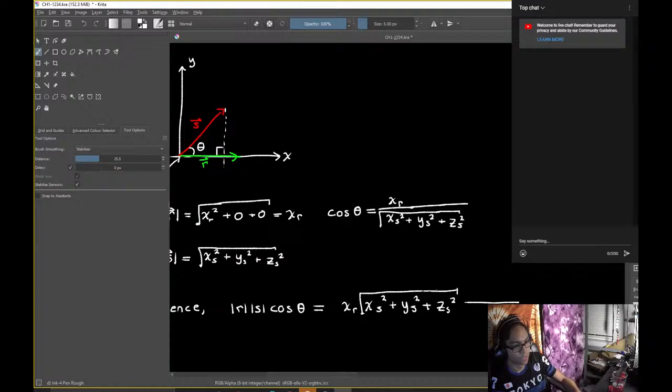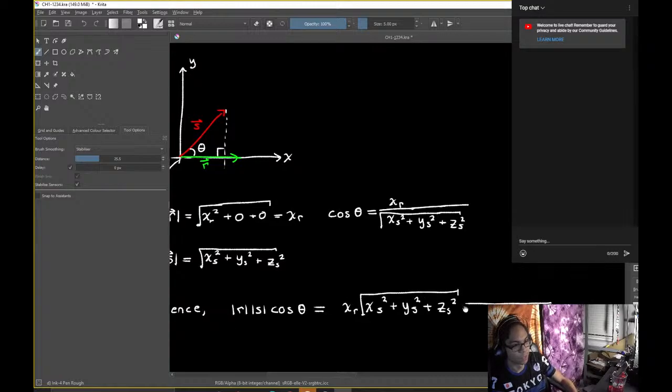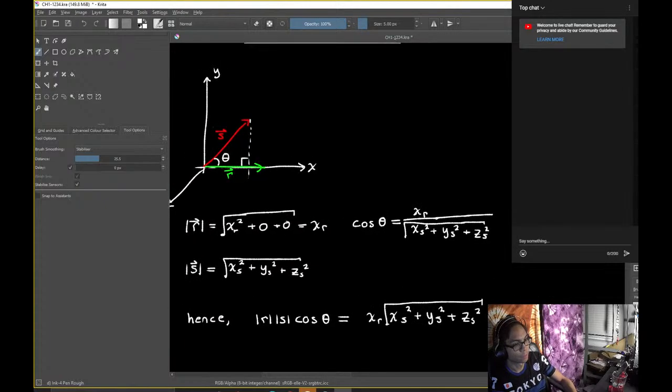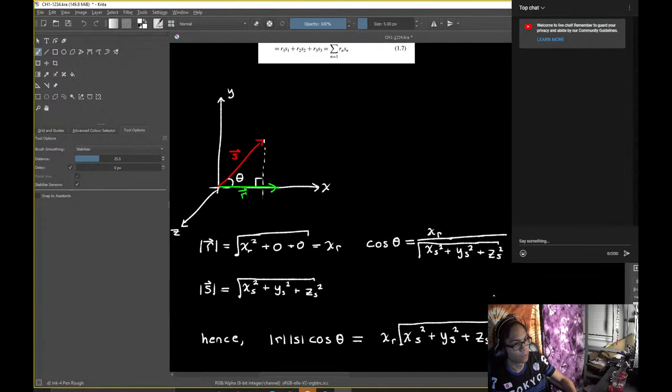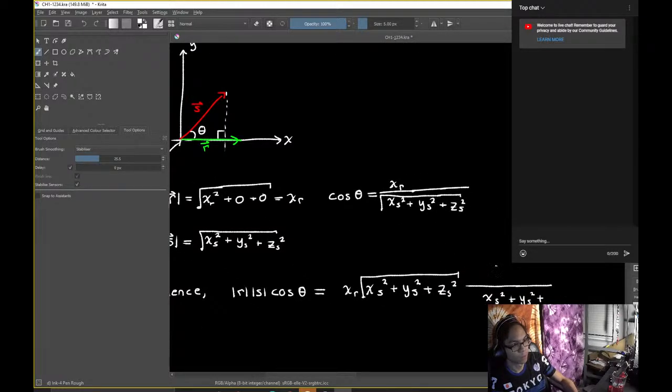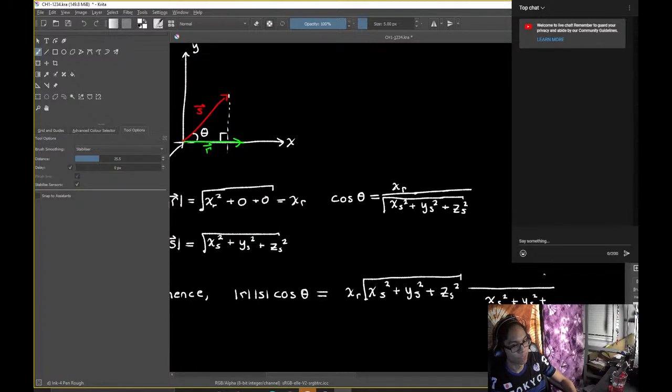Okay, that's the s version. And then this would be the cosine theta. And you have xs squared plus ys squared plus... wait, cosine is adjacent over hypotenuse. Yeah, okay, good, got it. Plus ys squared plus zs squared.